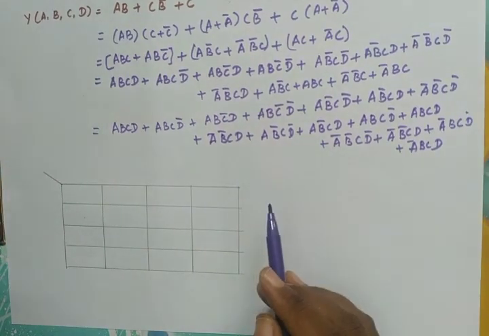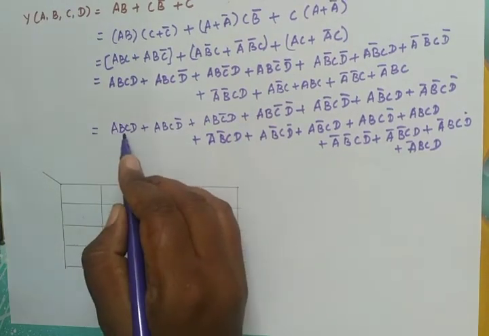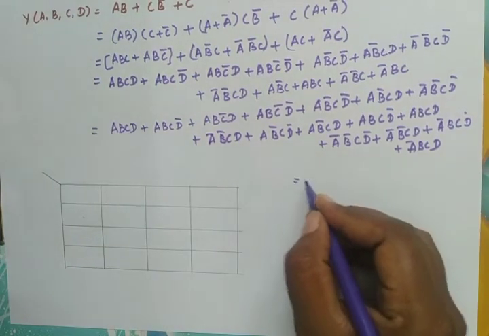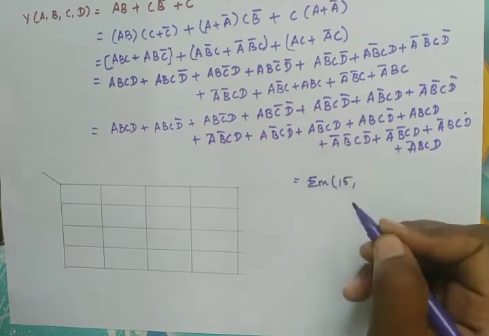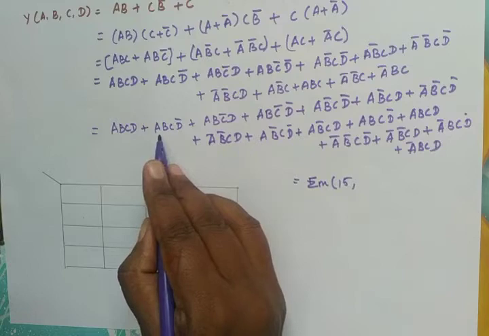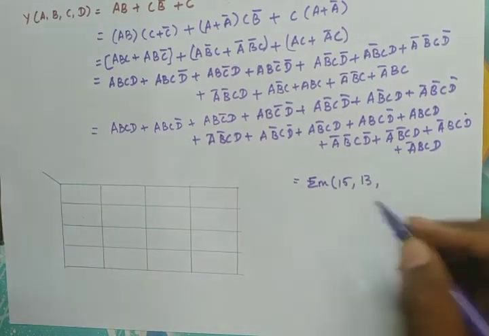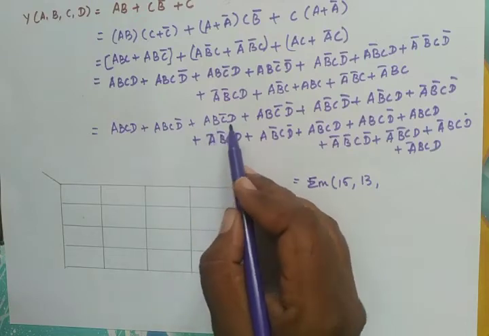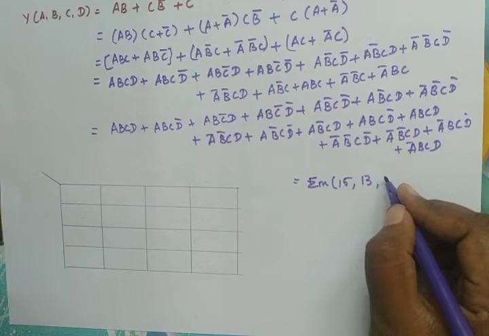Now what we have to do? We have to write the numbers to this. Here we have 1111, which is equal to summation m 15, and what is this number? 1110, that is 14, here it is 1101. What is this 1101? 13.